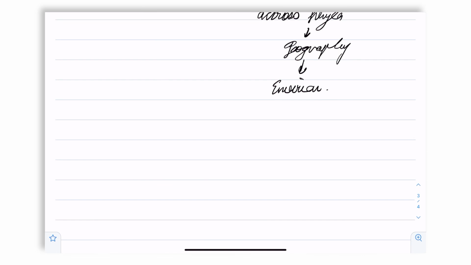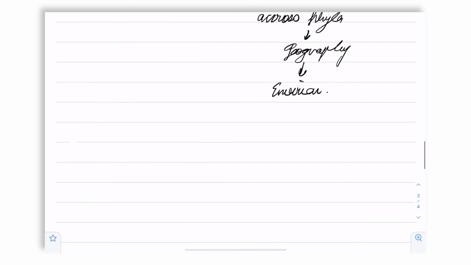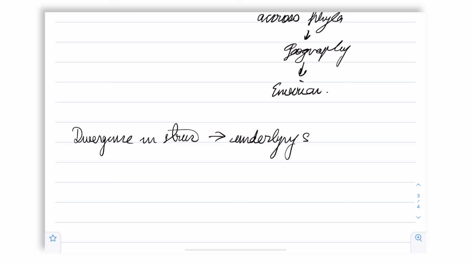What do we mean by morphological integration? It means that the divergence in these structures has underlying similar processes.